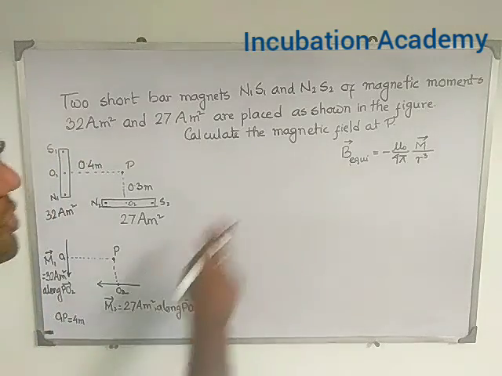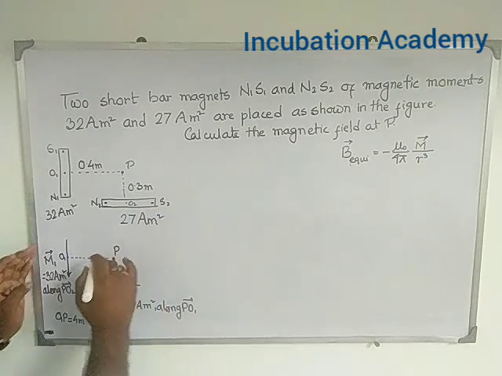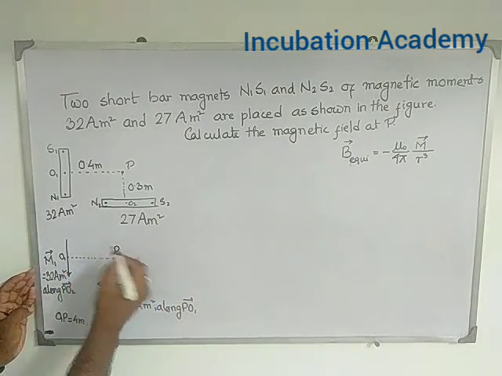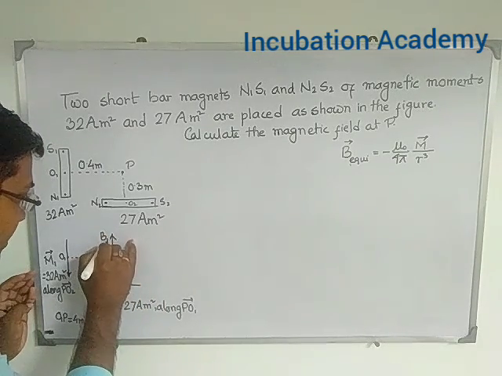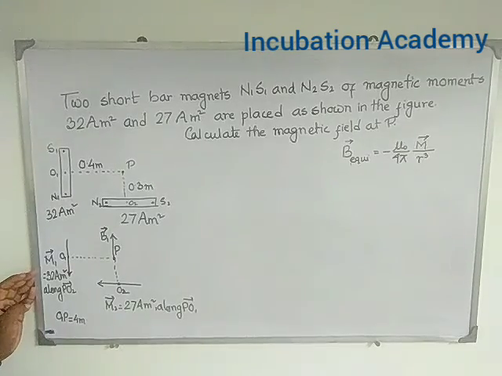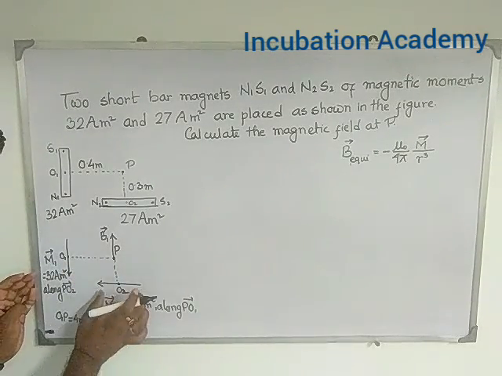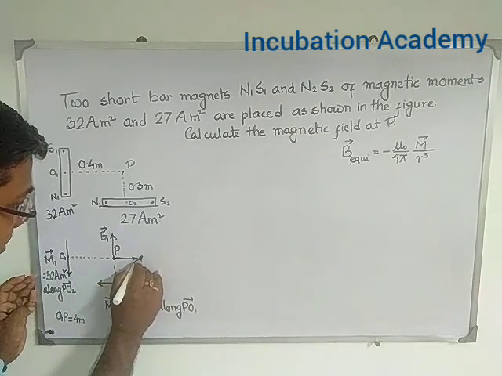From this expression it is clear that the magnetic field is opposite to that of the magnetic moment. So for this M1, the magnetic field at the point P is opposite to the magnetic moment, so B1 will be in this direction. Similarly, the magnetic field at the point P due to M2 will be in that direction.